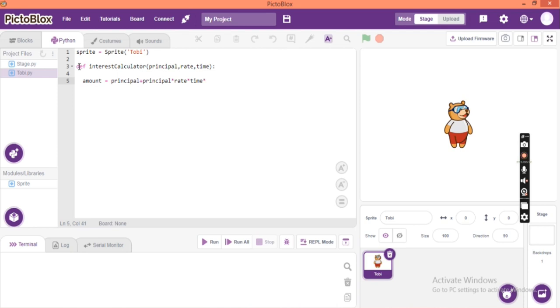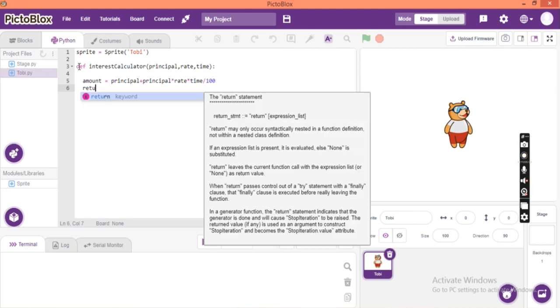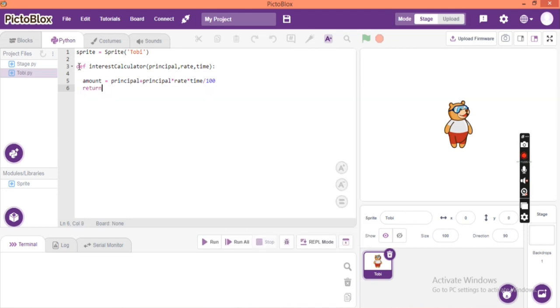Rate means rate of interest, principal means principal amount, and time means time period, for how many months or how many years. Okay, EMI. And this value is to be returned, amount, so return amount.